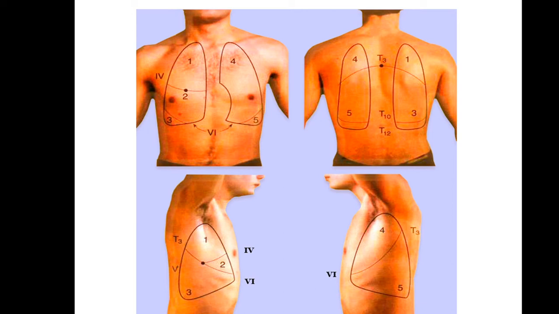Also, to percuss the lungs, after percussion you should auscultate the lungs. You should know the two lungs and also the lung lobes. You know from anatomy class that the right lung has three lobes and the left lung two lobes.